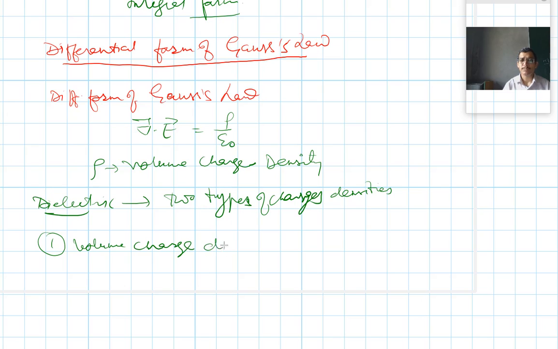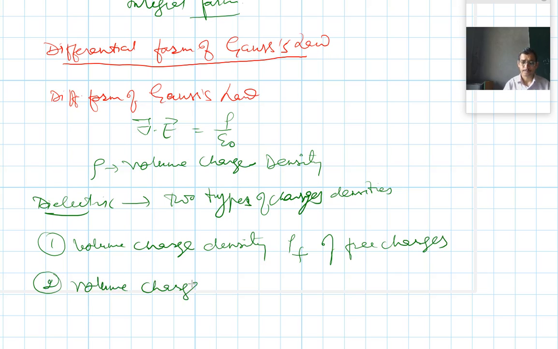One is the volume charge density rho f of free charges, and another is the volume charge density rho p of polarized charges.